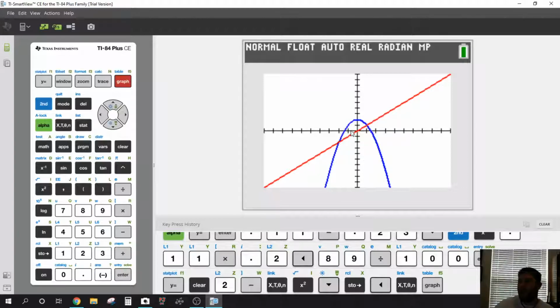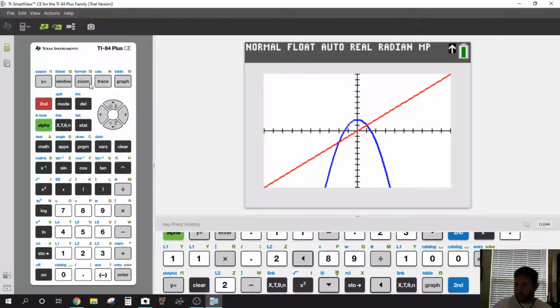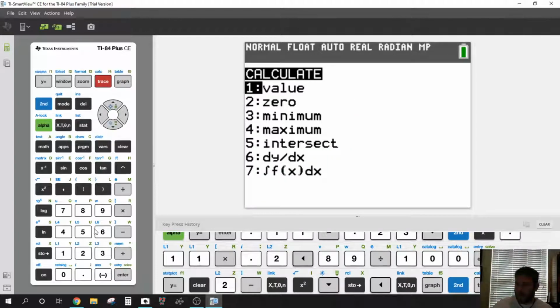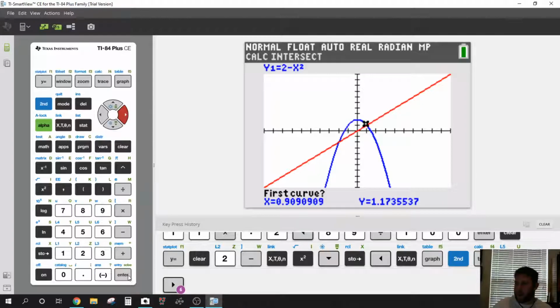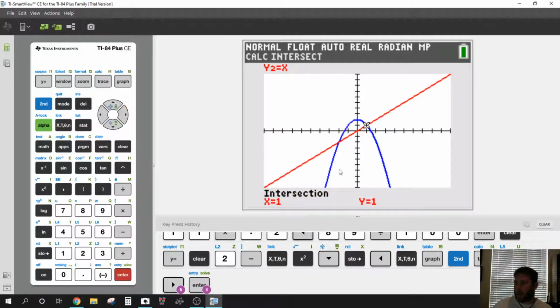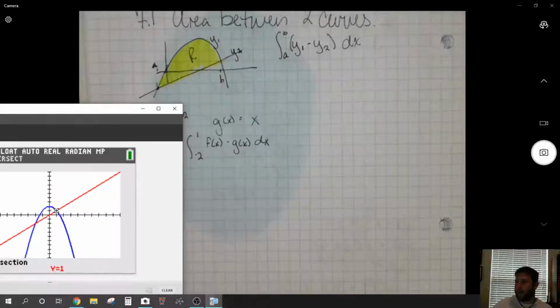I know that because I've done this problem ahead of time. But what I need you to do is to be doubly sure and actually find the intersection point. We can clearly see here the intersections at -2 and 1. The reason we do that is because it could be like 1.001, and that would throw off our integral just a little bit.